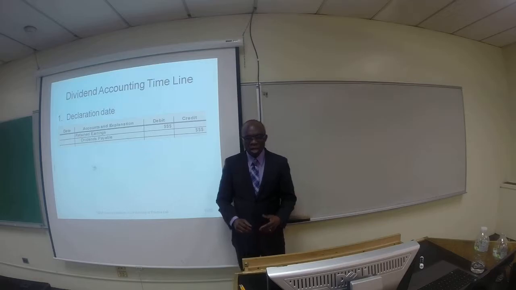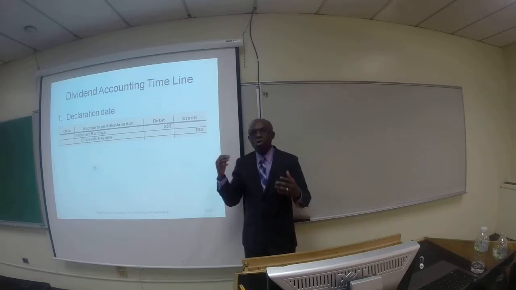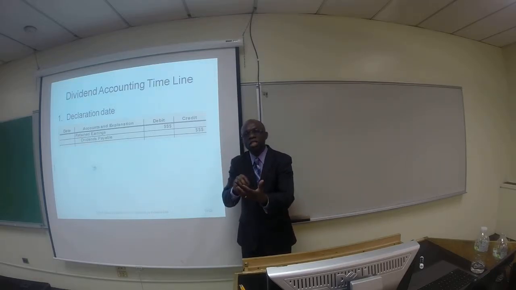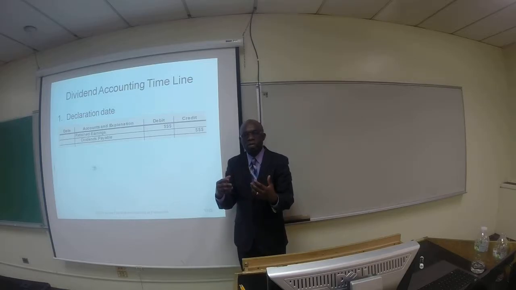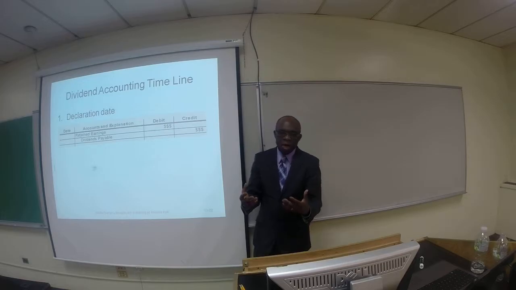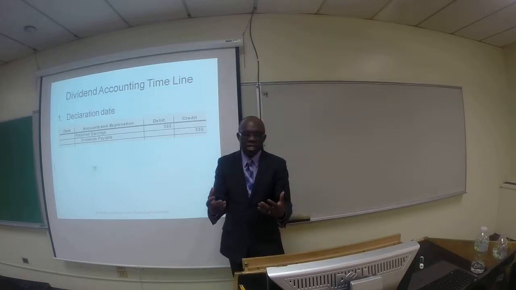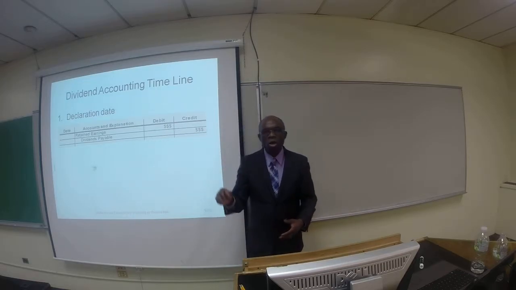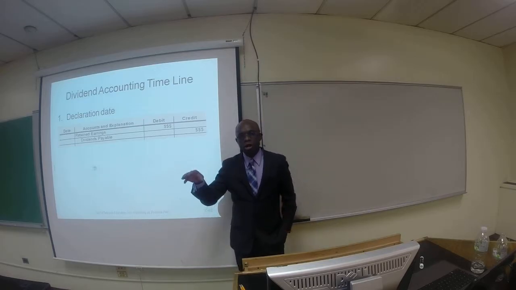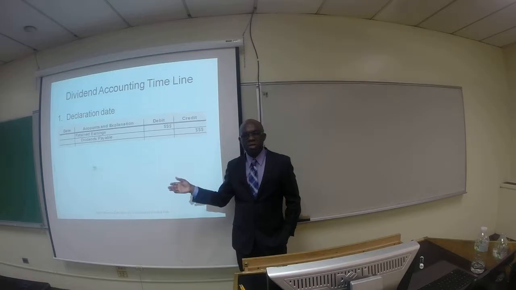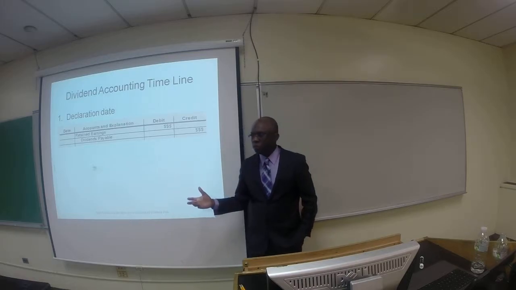Moving along, let's take a look at how we record a cash dividend on the declaration date. We simply debit retained earnings and credit dividends payable. Dividends payable is a liability, an obligation for the company.